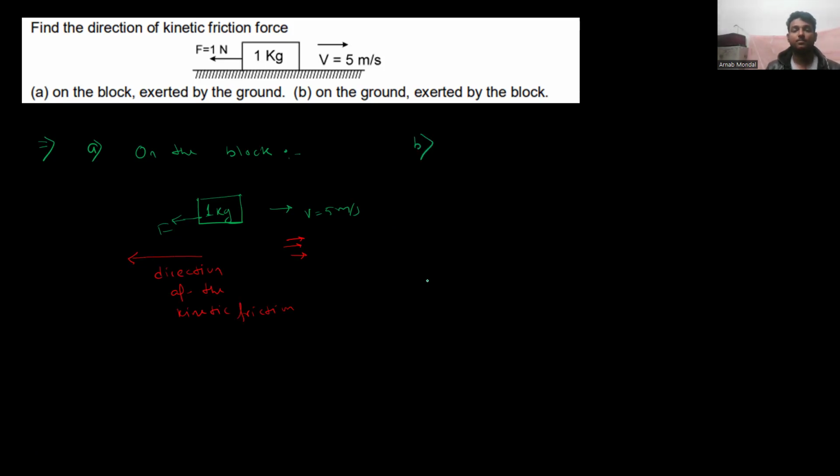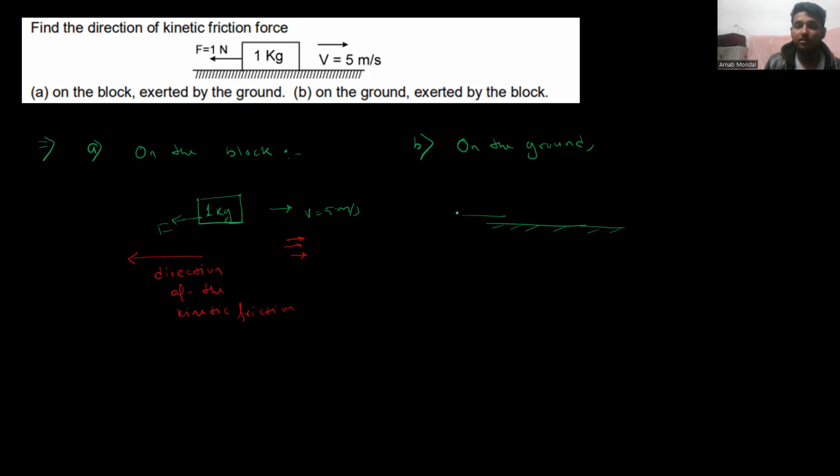Now next, on the ground. Apparently, as we can see, the ground is stationary, but it is not true. Because in relative terms, the ground is moving relative to the block. So the same thing will happen. The motion of the ground relative to the block, in which direction?